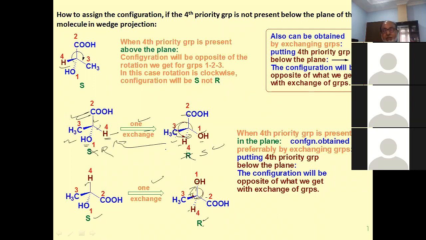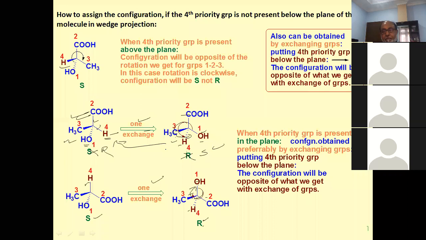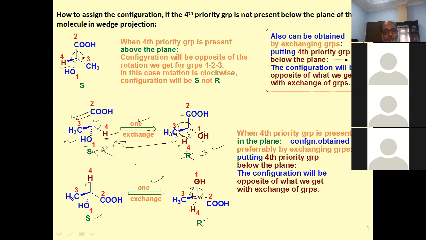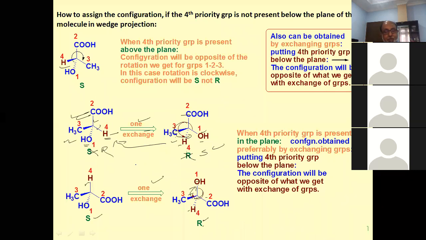Sir, if H, the least priority group, is in the plane and it is at the top, then can we do two exchanges? Why should you go for two exchanges? Two exchanges also you can make. You can make an equivalent structure.